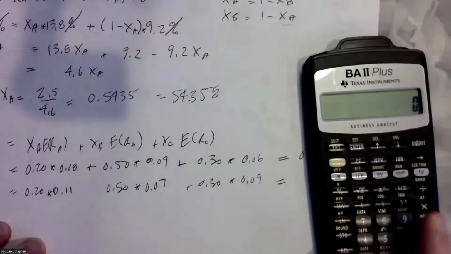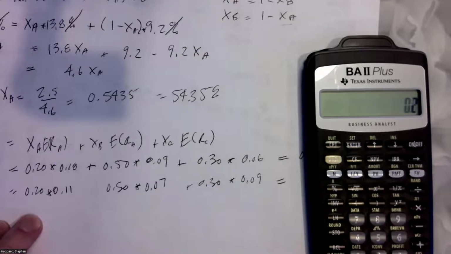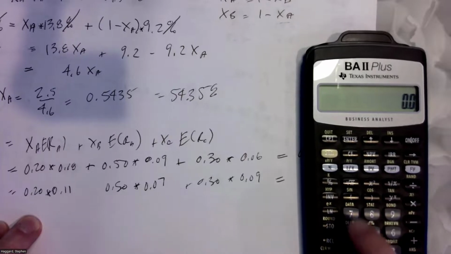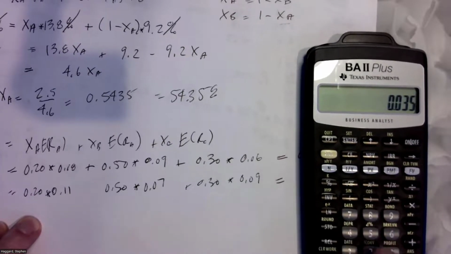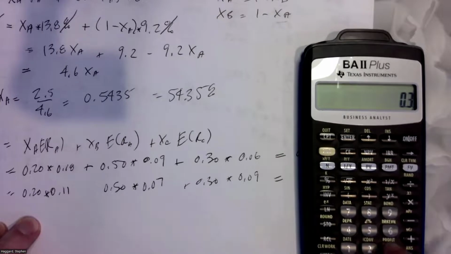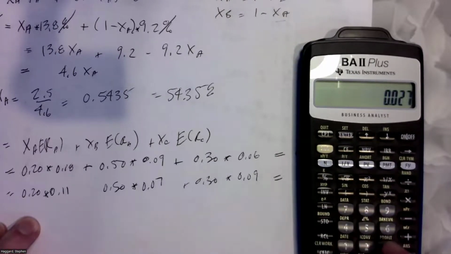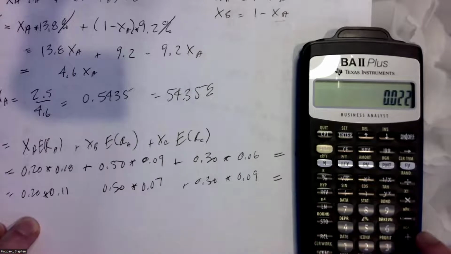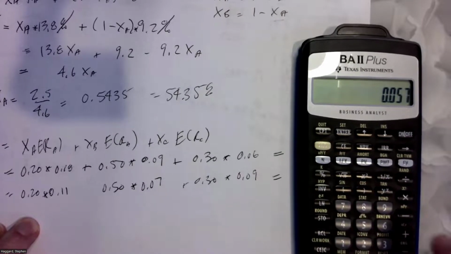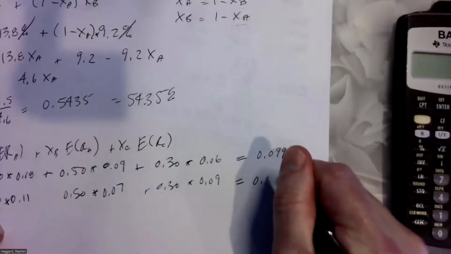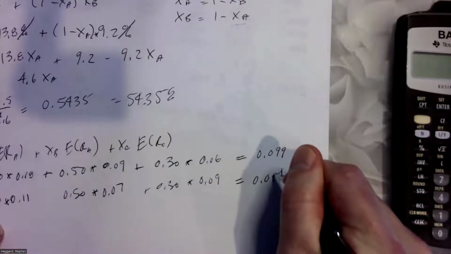And so once again, I'm going to go through here. I'm going to say 0.2 times 0.11 equals store 1. 0.5 times 0.07 equals store 2. 0.3 times 0.09 equals store 3. Recall 1 plus recall 2 plus recall 3 equals. I'm getting 0.084.